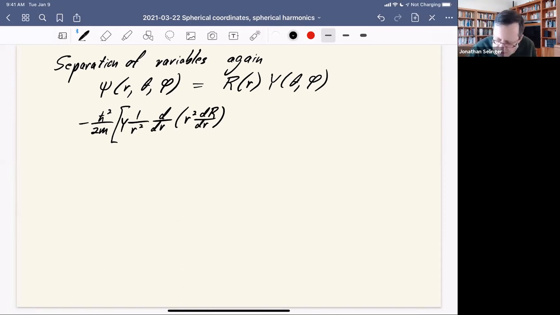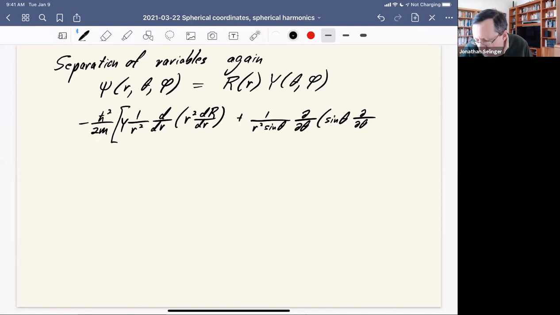Now the next term is plus 1 over little r² sin θ, d by dθ times sin θ, d by dθ of the function.